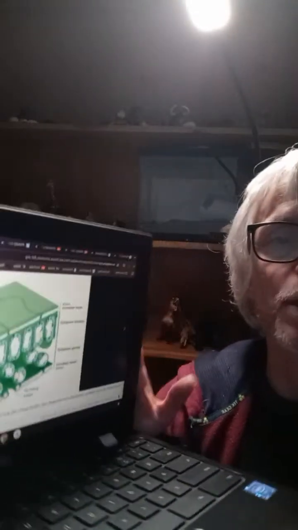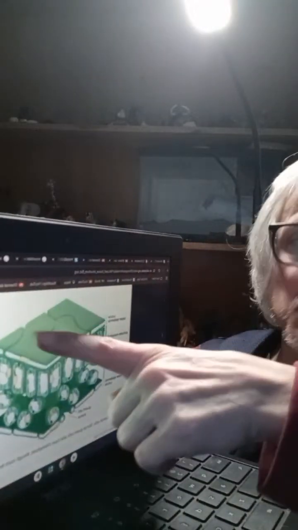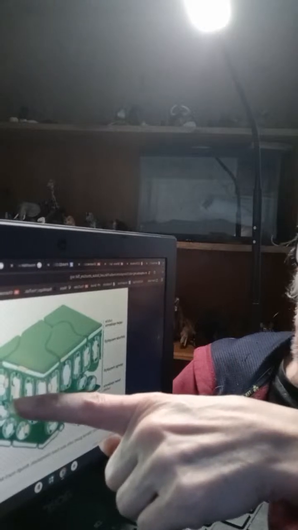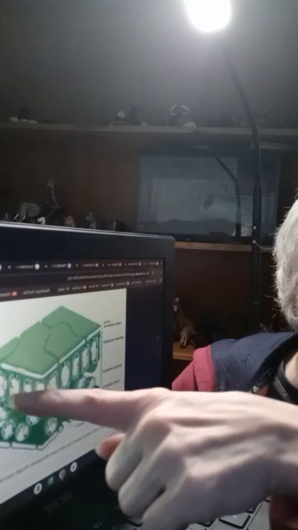Okay, so this is not a really good image, but it's an image. So this is the top of the leaf, and these are the individual cells, these little pockets that you see, and around them, these little green balls that you can see, those are the chloroplasts.